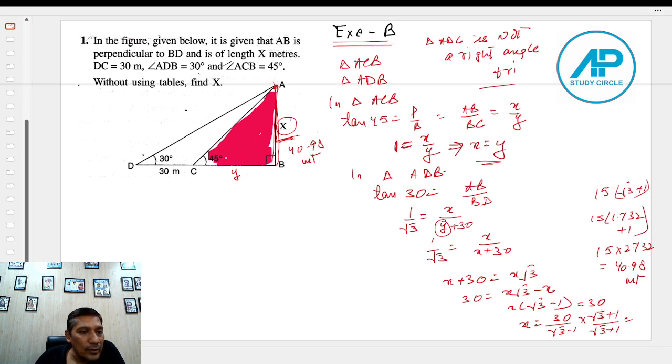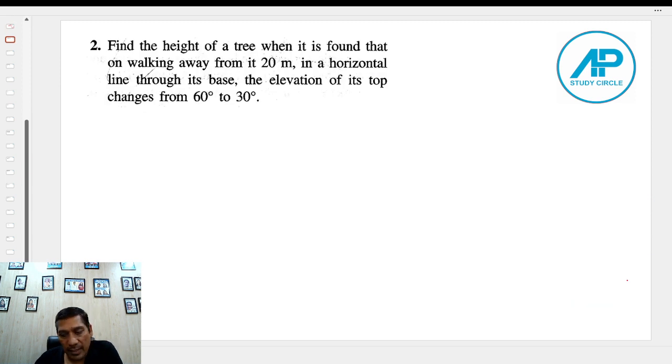And when you get the relation between x and y, take the full triangle ADB and then use tan 30 for relating AB and BD. That gives you the value of x. That gives us a facility to replace the value of x in terms of y, or y in terms of x, I mean to say.